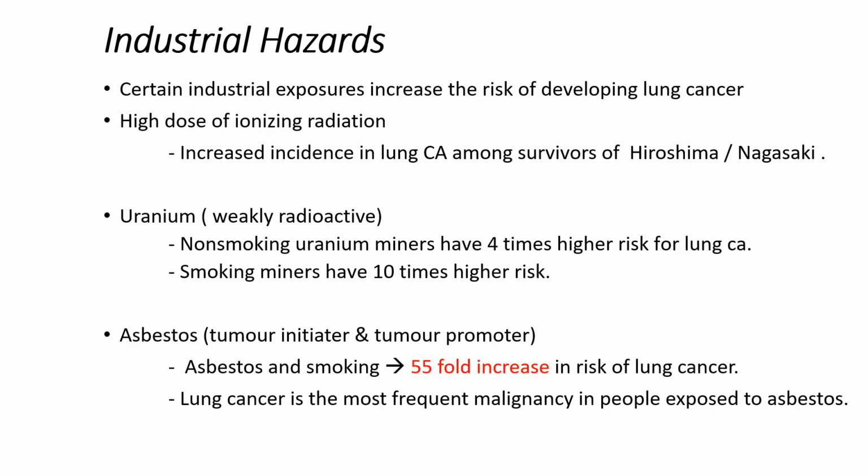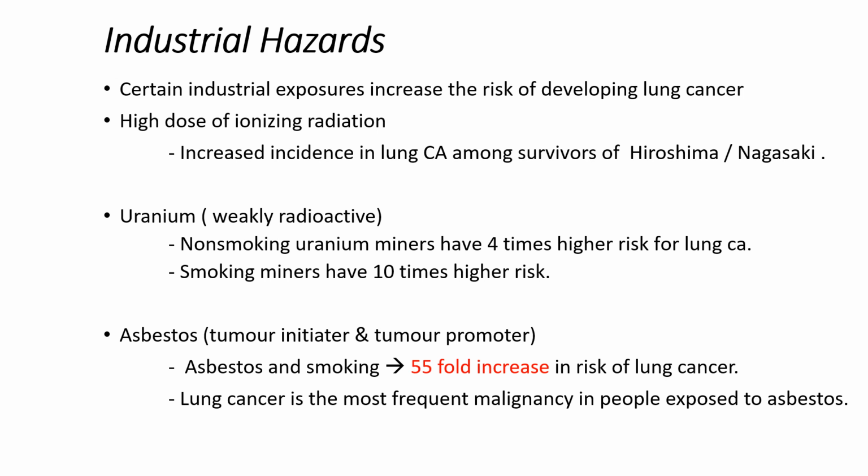Certain industrial exposures increase the risk of developing lung cancer. High dose of ionizing radiation increases the incidence of lung cancer among survivors of Hiroshima and Nagasaki. Uranium, which is weakly radioactive, also increases the risk for lung cancer.